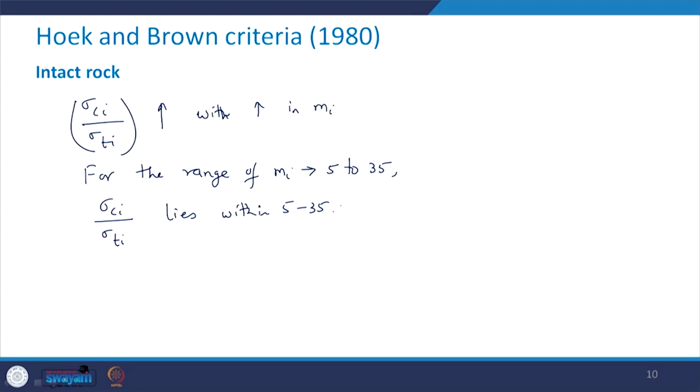You can just check it with the help of a calculator. Just substitute any value of m between 5 and 35, and you will get that this will be approximately equal to the value of mi which you have taken. So, we can say that approximately sigma ci upon sigma ti is equal to mi.